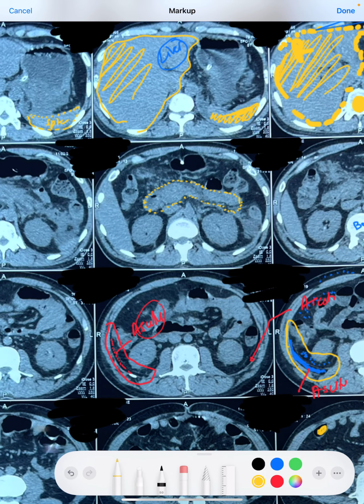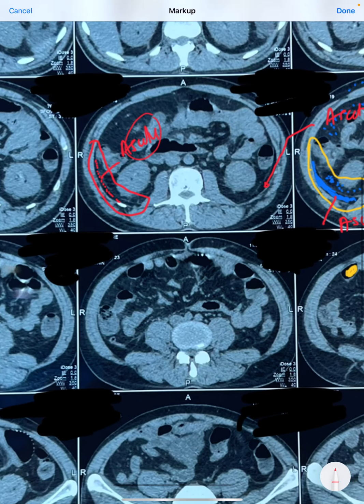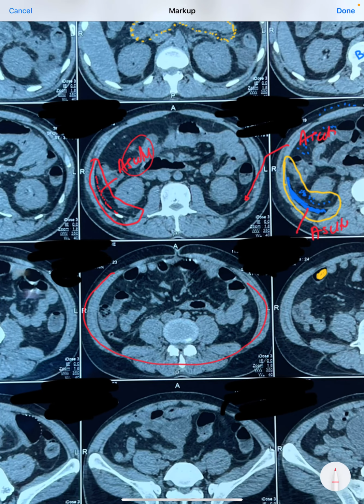The most important thing is, when we see the images, suppose here, everything looks well sorted. This is all fat, and there is no fat stranding, one of the most important signs of inflammation. Whenever we say inflammation, there is infiltration of neutrophils, lymphocytes, chemokines into the structure.